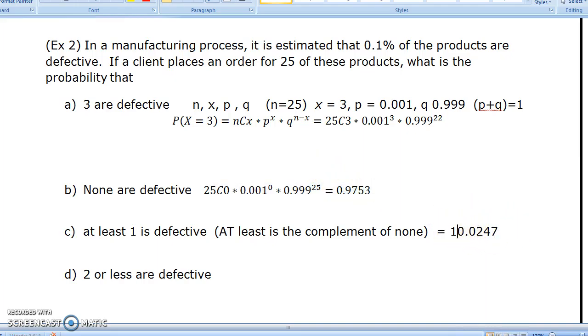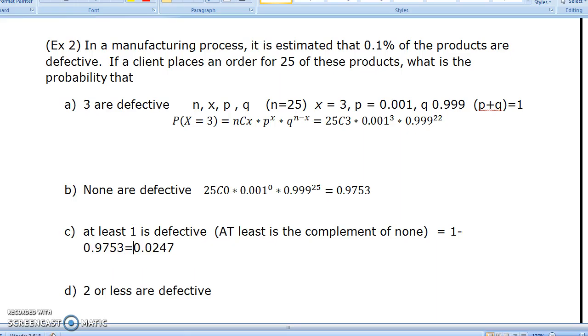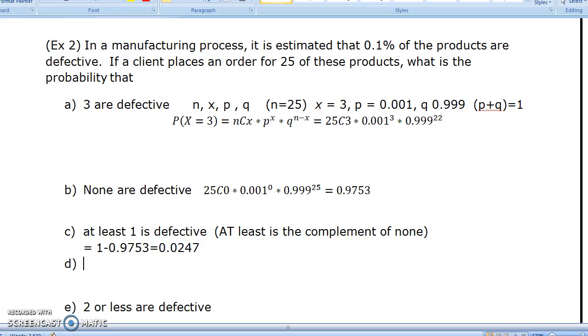So we go 1 minus 0.9753. Let's just put this down on another line. Okay, we have 1, which is all the possibilities. Subtract all the ones where you had none, and that was this, right? And again, in terms of a formula, we're doing all minus the complement equals the desired outcome.